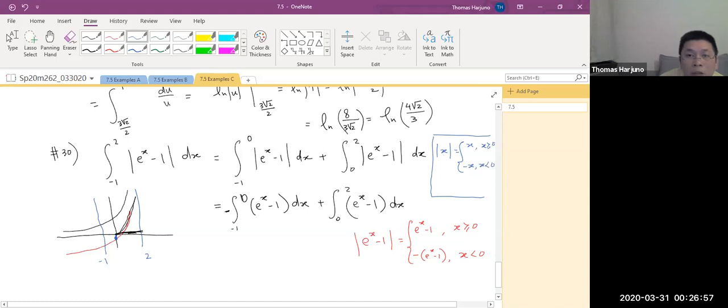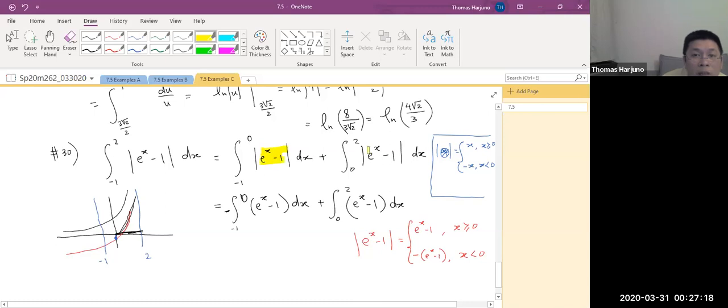Now, in other words, if the guy inside the absolute sign is negative and we want to get rid of the absolute value, we need to apply a negative sign. That's what happened here, because e to the x minus 1 may be positive, may be negative.